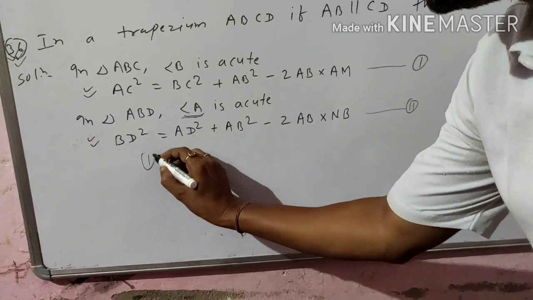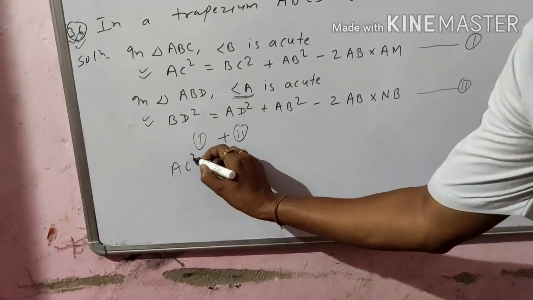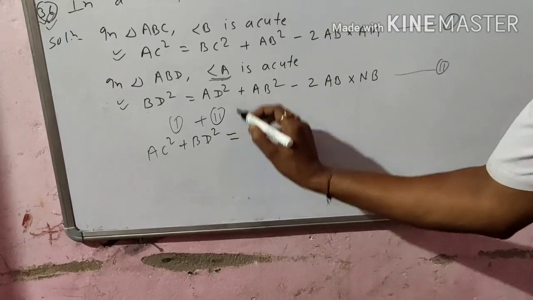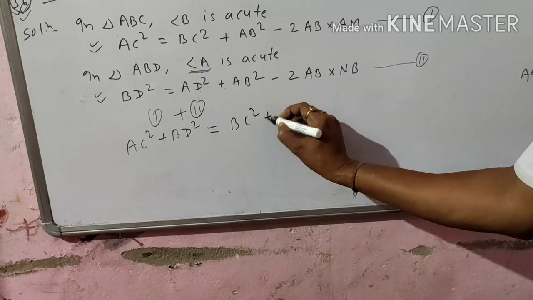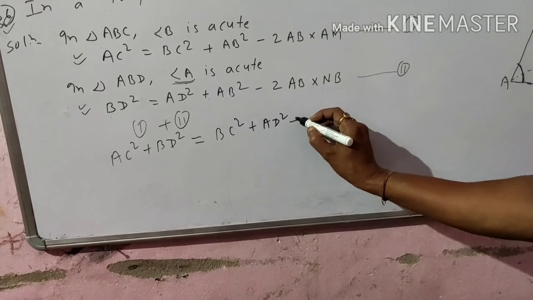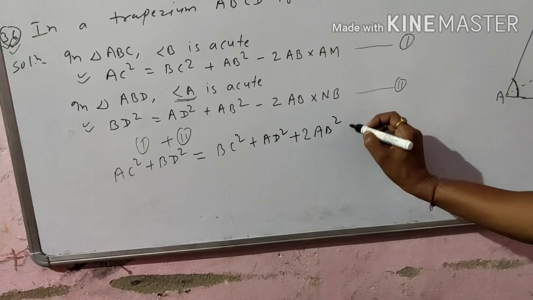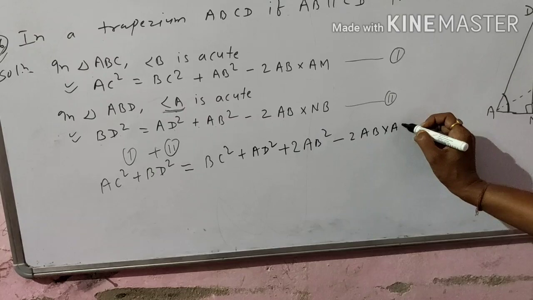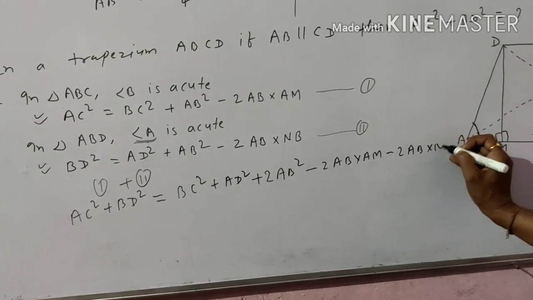So here, student, equation 1 plus equation 2: AC square plus BD square is equal to BC square plus AD square plus 2AB square minus 2AB into AM minus 2AB into NB.